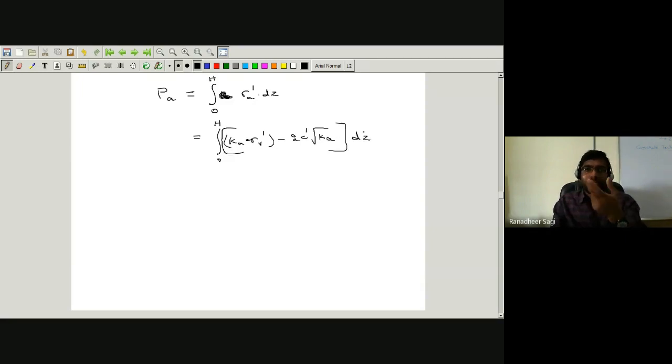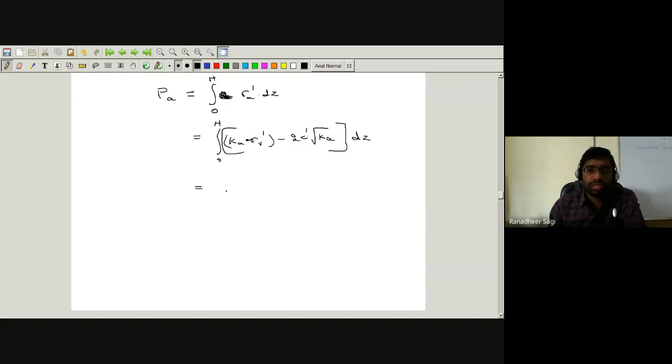If I try to integrate this expression over the limit 0 to h, sigma V dash I can write as sigma V minus u. We are taking an example where there is no water table position, no additional surcharge, no such cases. It's a simple case of soil in a dry state or natural state, without any water table, and there is no surcharge. So automatically sigma V dash is nothing but sigma V, and what is this sigma V value equal to? It's nothing but gamma into z.